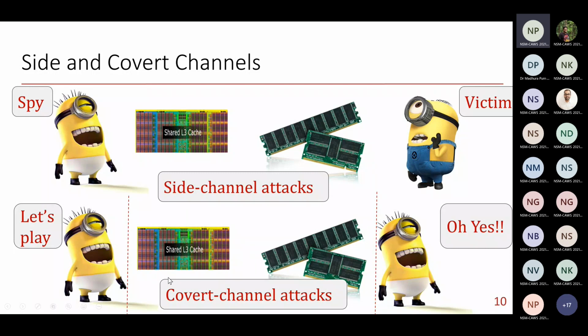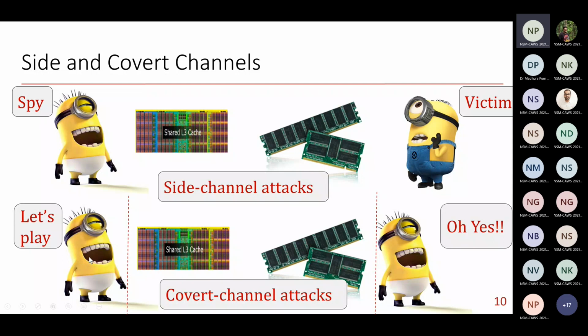You can simply correlate this with, let's say, two spies or Trojans which are running in your system. And even if they are not supposed to communicate, so let's say as per the OS abstraction they are running different processes, they are not sharing anything, but through the cache, they can actually communicate, okay, based on latency difference.